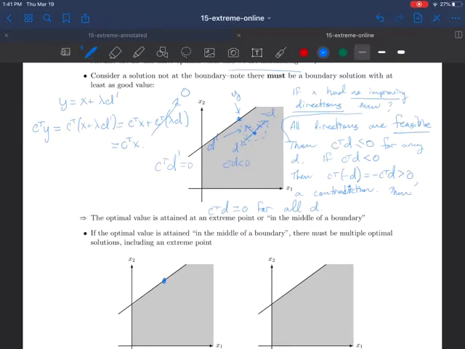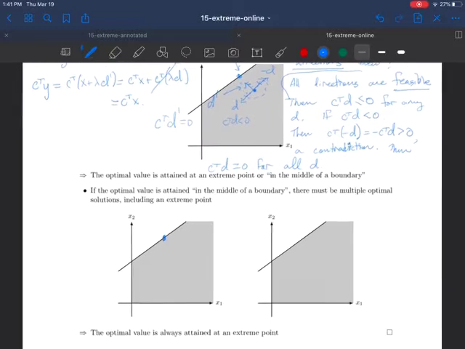Okay, so if it were here in the middle of the boundary, and again we have to think about y. Maybe there is a way to improve, maybe there's not. We got there because there wasn't a way to improve. But now let's just suppose we're at the boundary again. So this is sort of a new idea.